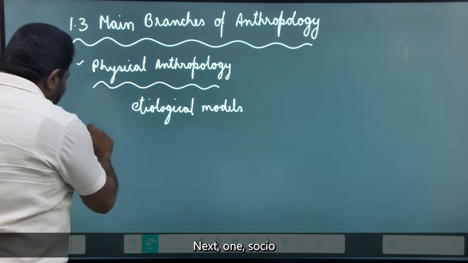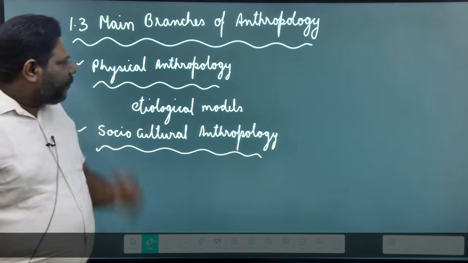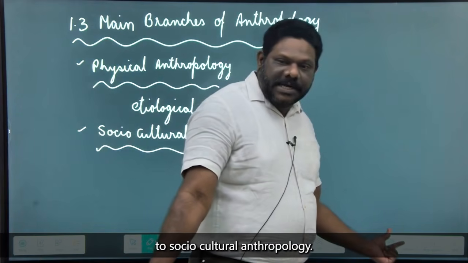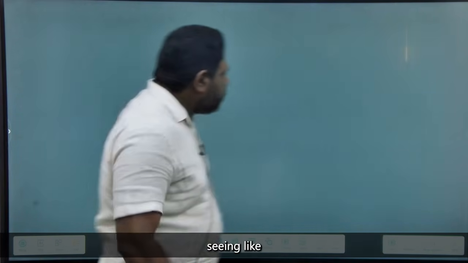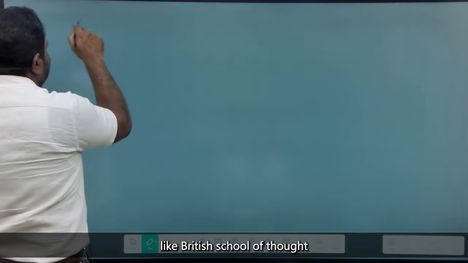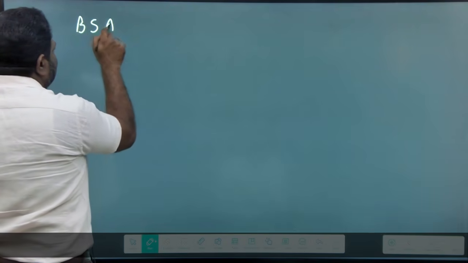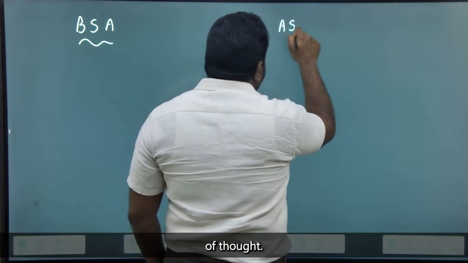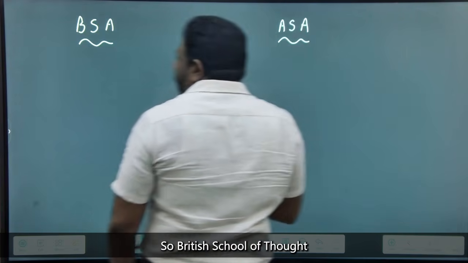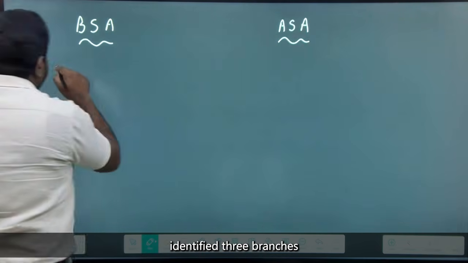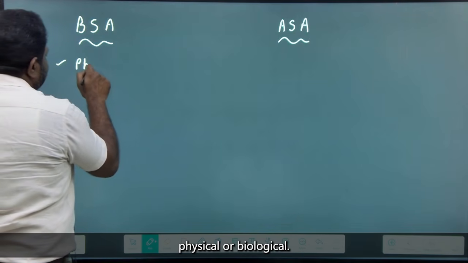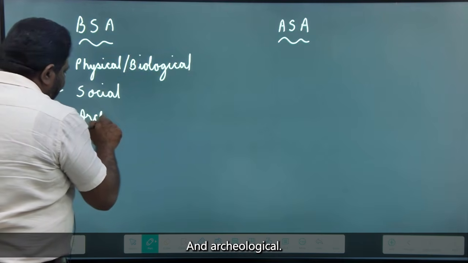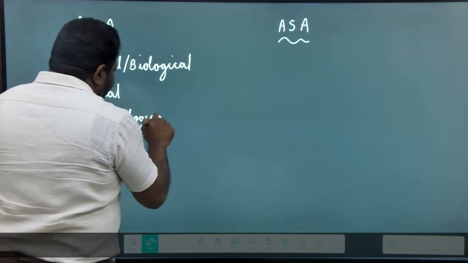Next one, socio-cultural anthropology. See here, I'll just deviate for some time and then I'll come back to socio-cultural anthropology. No need to write. See, there are two schools of thought, British school of thought and American school of thought. So British school of thought identified three branches: physical or biological, social and archaeological anthropology.